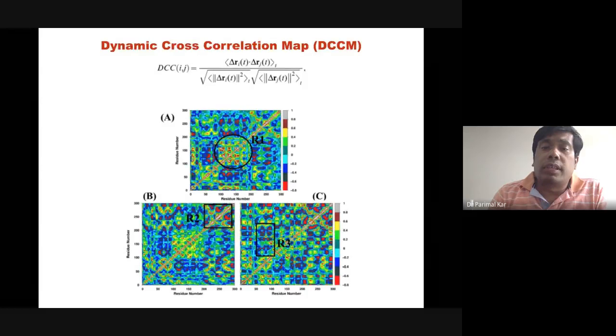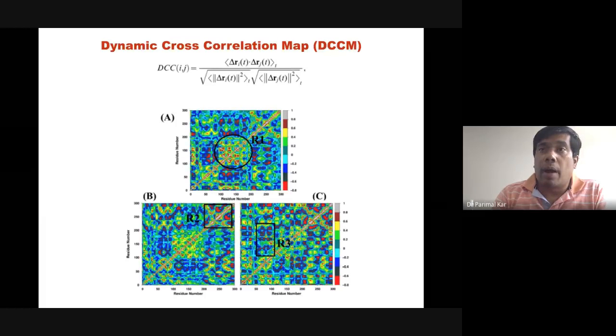Now in region R1, you still see some red patches, so some anti-correlated motions. But when you compare A with B, just look at that black region. What you see, it becomes yellow and greenish.